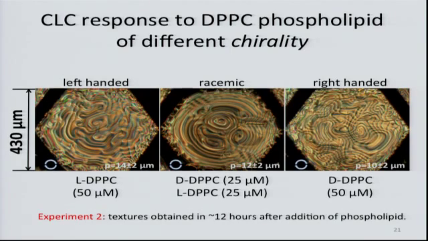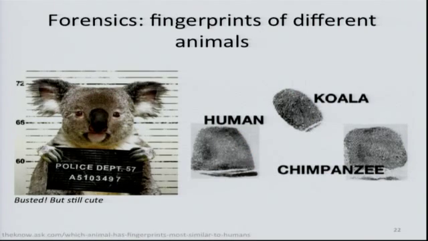Fingerprints from different people look very similar, but the forensic investigator can clearly identify who left them. Our fingerprints are even similar to the fingerprints of other primates and even some marsupials. And perhaps a forensic-like image analysis can be of great help to us.